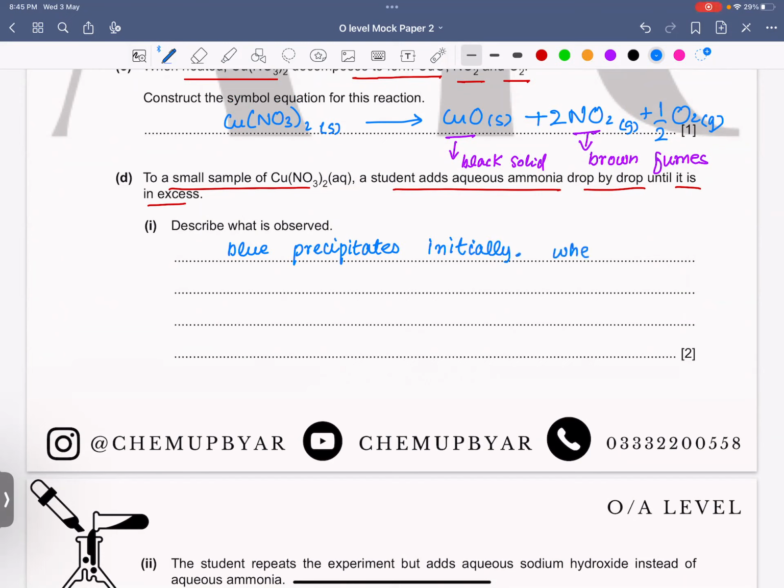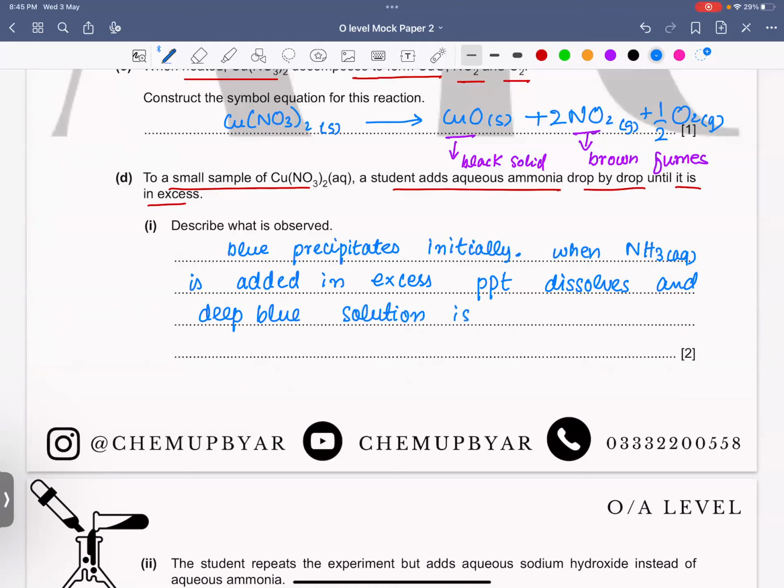When aqueous ammonia is added in excess, the precipitate dissolves and deep blue solution is formed.